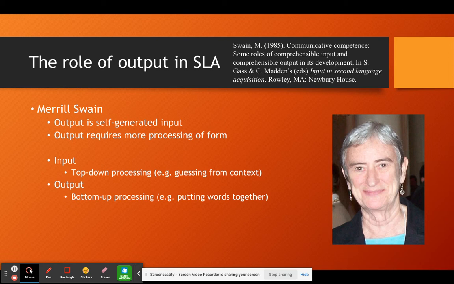Swain suggested that output was more than just self-generated input. She pointed out that a language learner could generally understand what they heard or read using top-down strategies. An example of a top-down strategy: if you're reading something and you don't know the meaning of a word, you look at the whole thing, maybe context clues, maybe pictures, in order to get the gist of what you're hearing and maybe guess what it means.